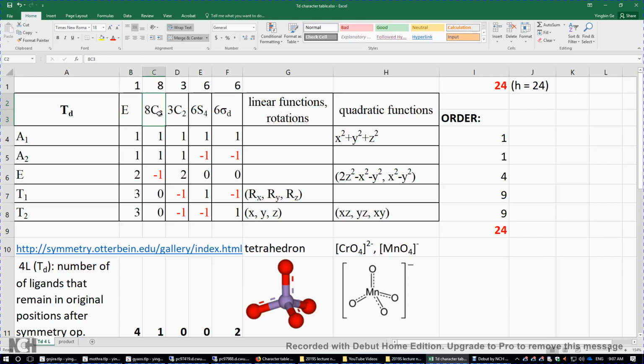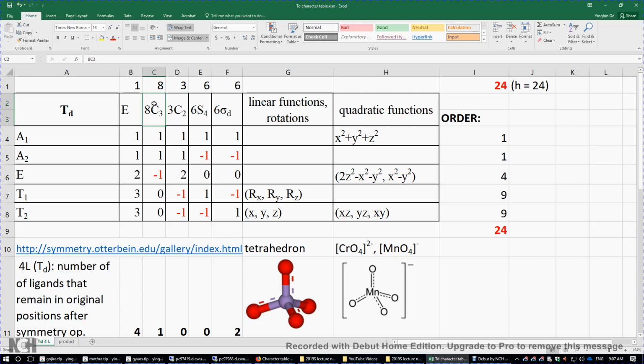And over here we have 8 C3 symmetry operations. Actually, there are only 4 threefold rotation axes: 1, 2, 3, 4. Or if you look at this permanganate structure, 1, 2, 3, 4. 4 threefold rotation axes.